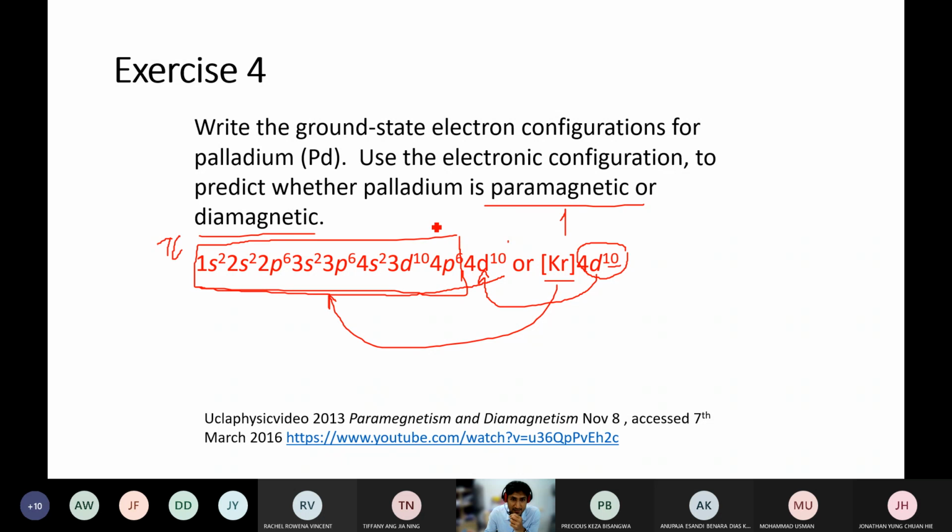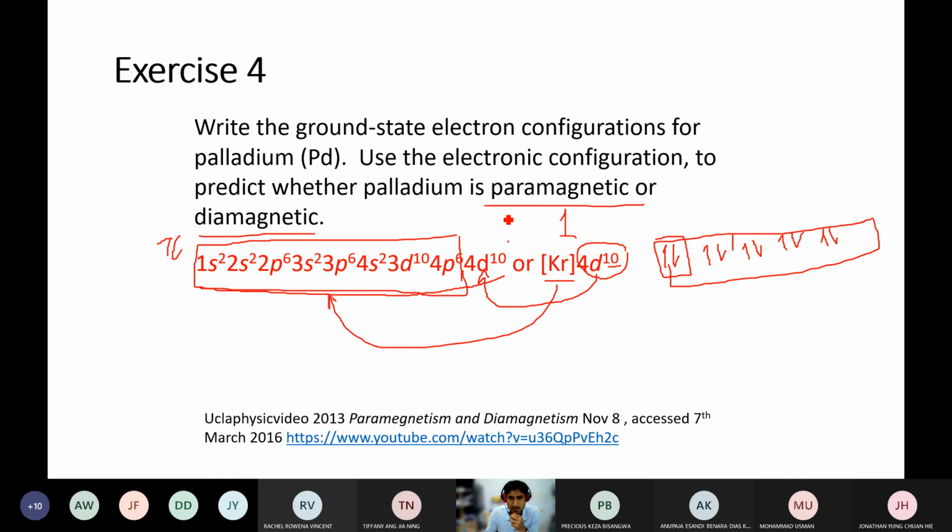It has 10, which is an even number, and as I said just now, all of these are paired, that means 5 paired orbitals are there. So that is why it will be diamagnetic. It is not paramagnetic.